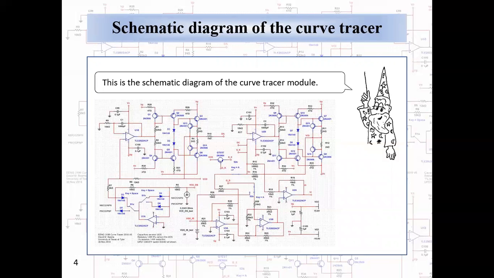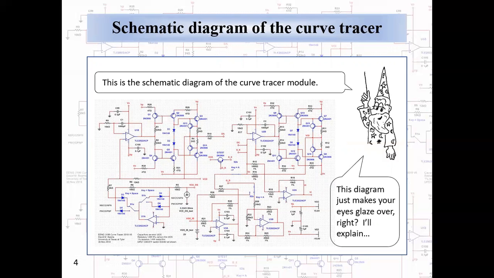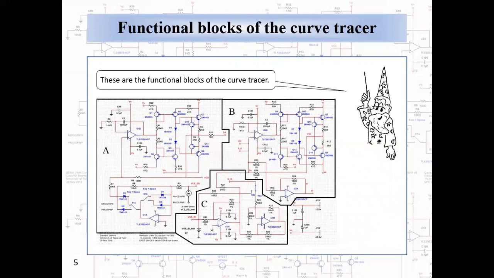This is the schematic diagram of the curve tracer module. And yeah, makes your eyes just glaze over, doesn't it? Well, let me explain what you're seeing here. So we're going to divide it into functional blocks A, B, and C. Block A is a voltage-controlled voltage source. It uses as an input a triangle wave generator that is derived from the myDAQ.